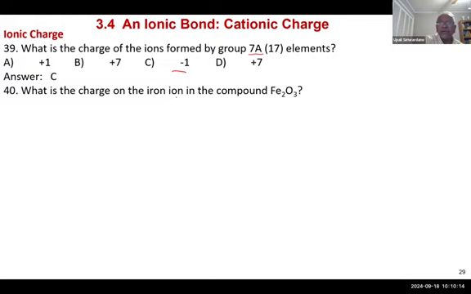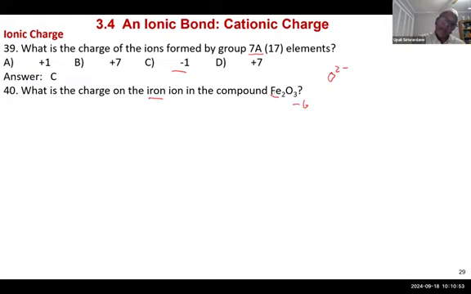What is the charge on the iron atom? There are 2 iron atoms. Iron is a transition element. Therefore, it can have more than 1 charge, so we are not sure which one. Oxygen is always 2 minus. Therefore, total charge on 3 oxygens is -6.